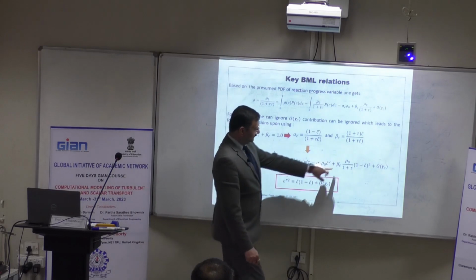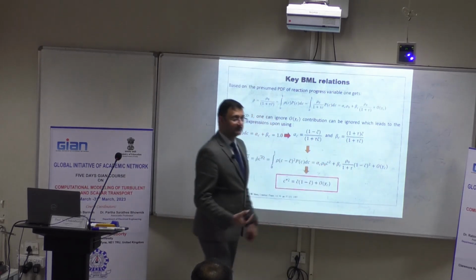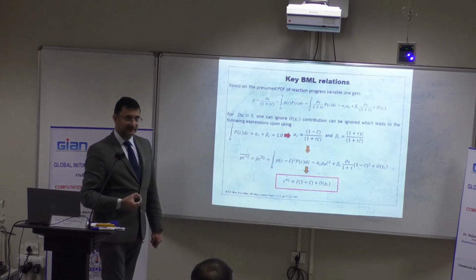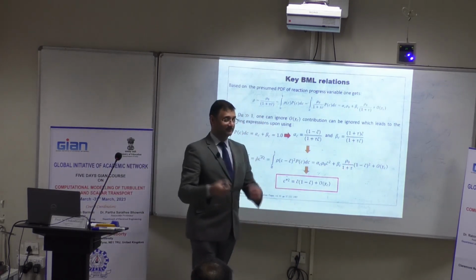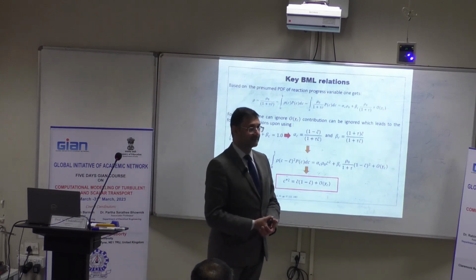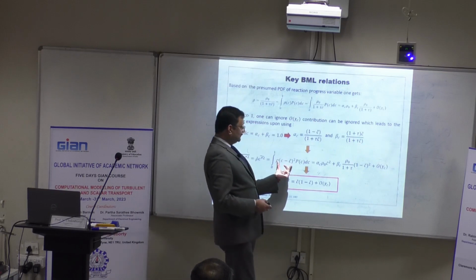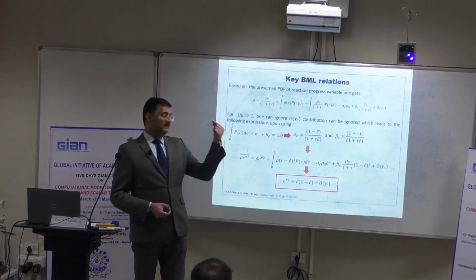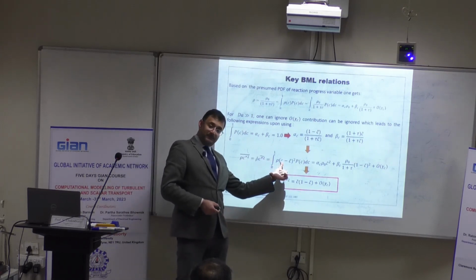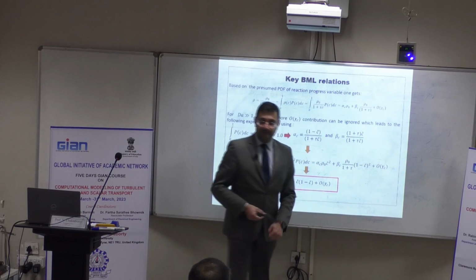For the burned gas, this one beta C, that's the weight for the delta function at the burned gas. Density is rho 0 divided by 1 plus tau, comes from the definition of tau, as I said. This one, for the delta function at C equal to 1, effectively this becomes 1, so you have 1 minus C tilde square.